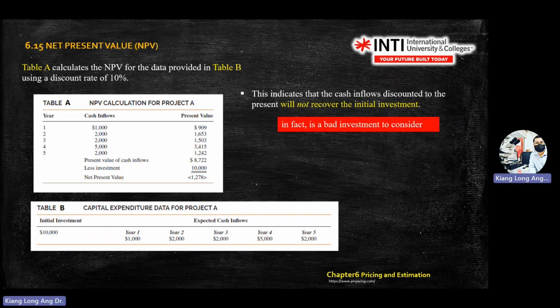So this kind of question will ask you to justify whether this is a good investment or not. You build the table, then you look at the net present value. If it's negative, it is not a good investment. Or you get zero.